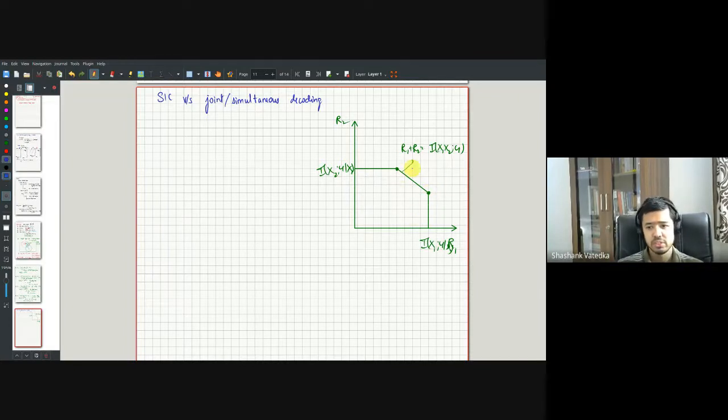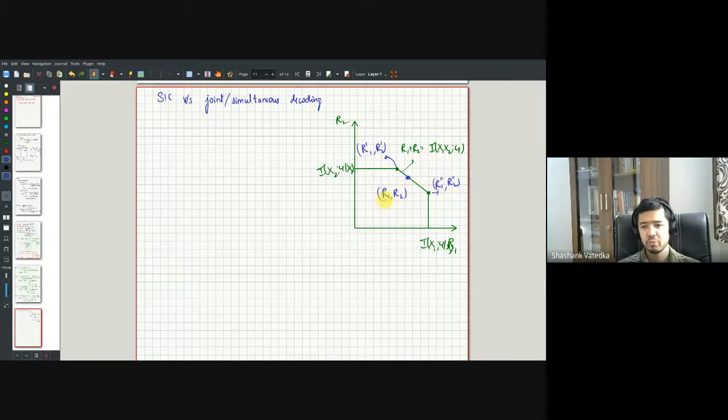Now, in order to achieve any rate pair which is not a corner point, maybe some point along this line, you would use time sharing. So let's look at this particular point, this blue point, R1, R2. Let's call this corner point R1 prime, R2 prime, and this point R1 double prime, R2 double prime.